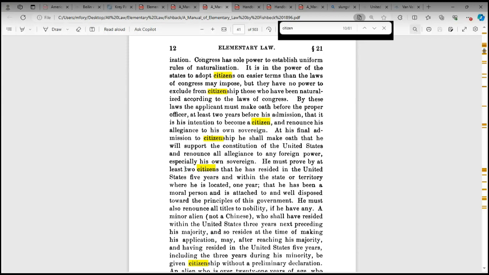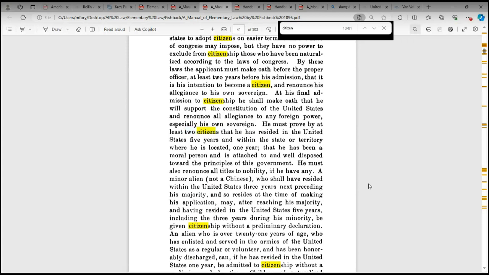It has never been just that. It's always been witnesses as the primary aspect. That he has been a moral person and is attached to and well disposed toward the principles of his government. He must also renounce all titles of nobility, if he has any.